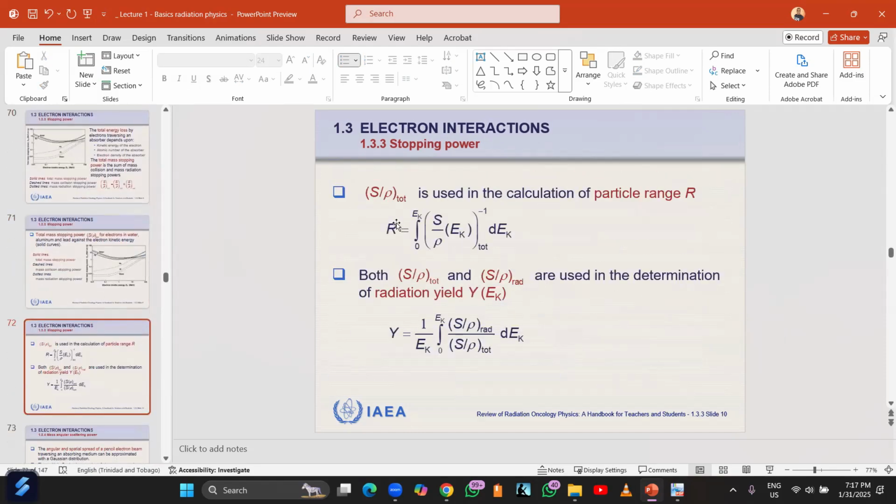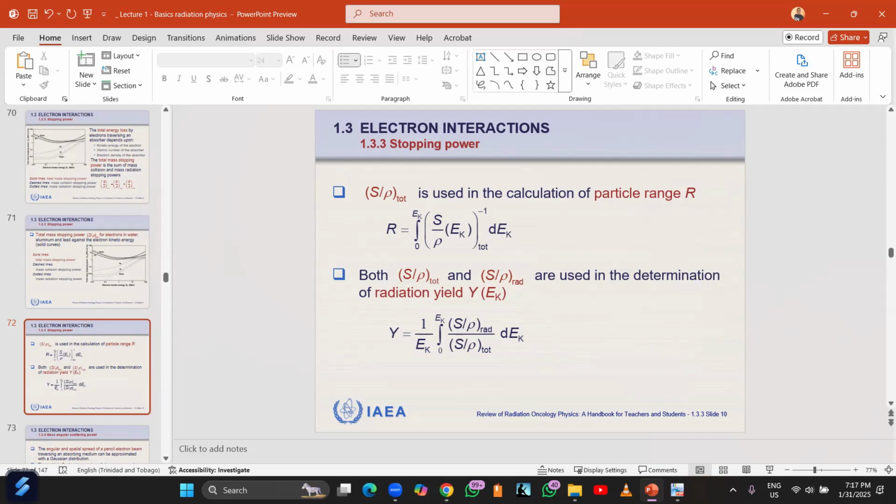Once you integrate that over the limits of the energy, from 0 to the maximum kinetic energy, you get the total range of that charged particle. So the particle range is the integral of the inverse of the mass stopping power.